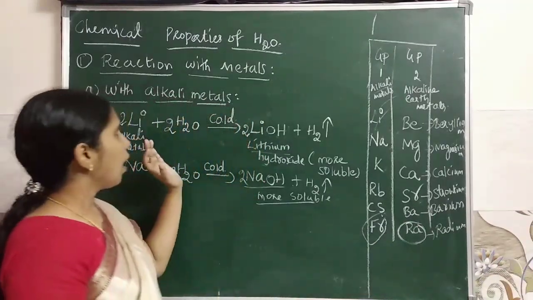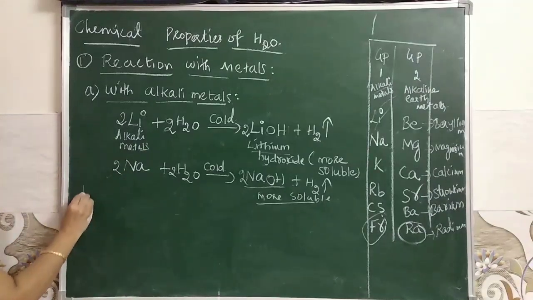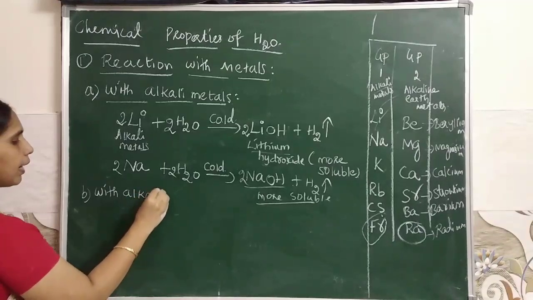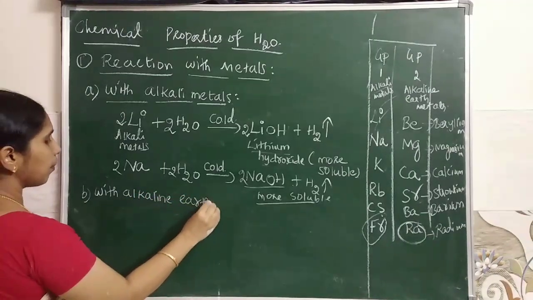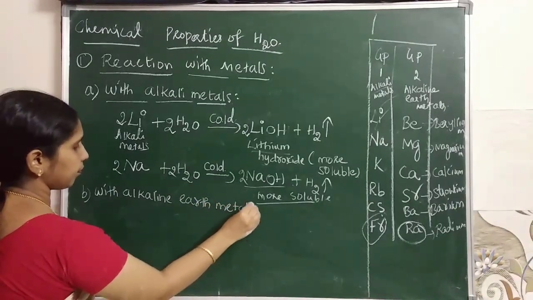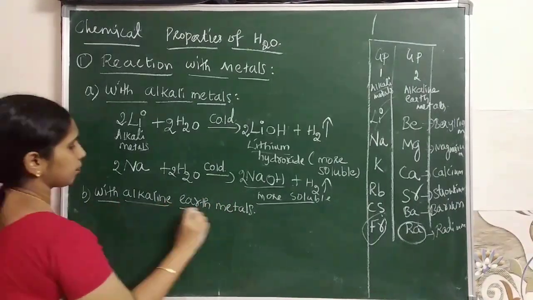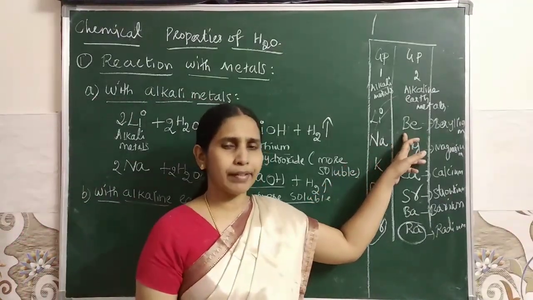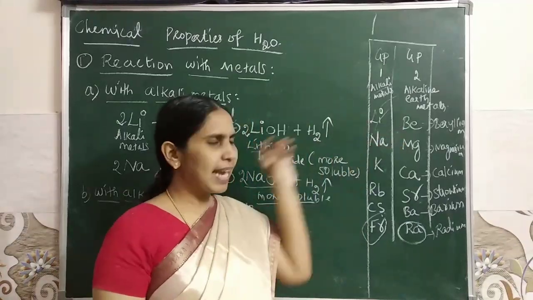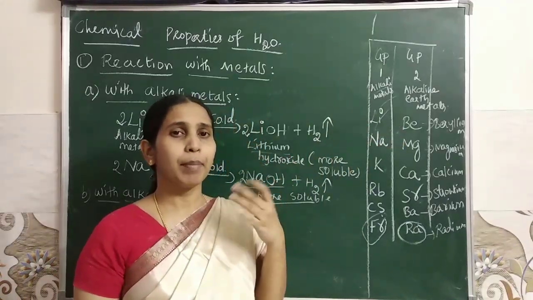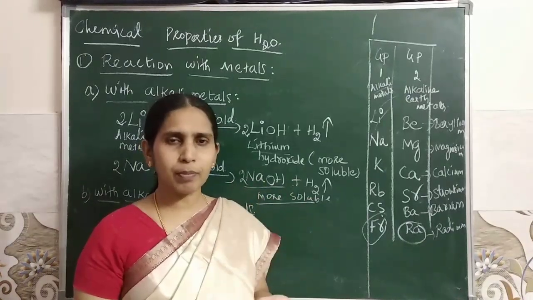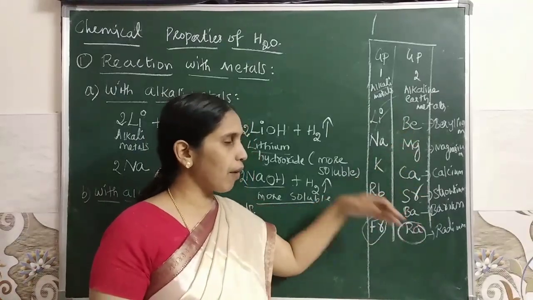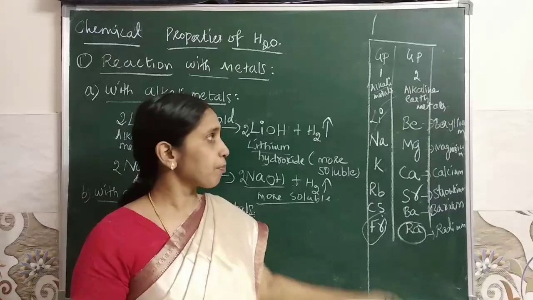Second one, reaction with alkaline earth metals. Hydrogen reacts with alkaline earth metals. Here the first element is beryllium. This first element behaves anomalously, meaning it differs from the other elements.